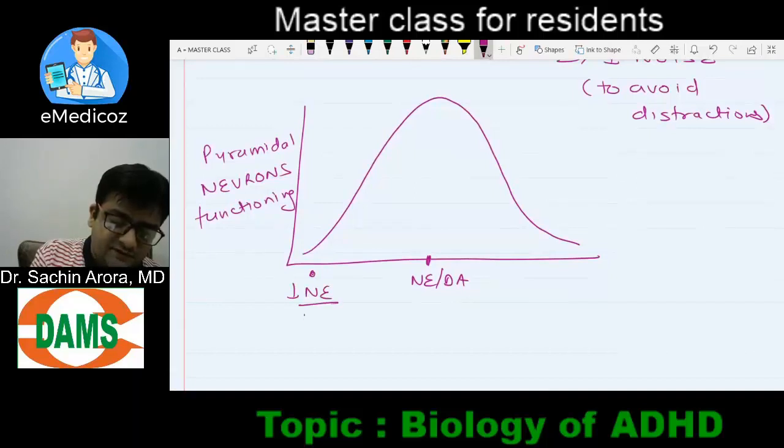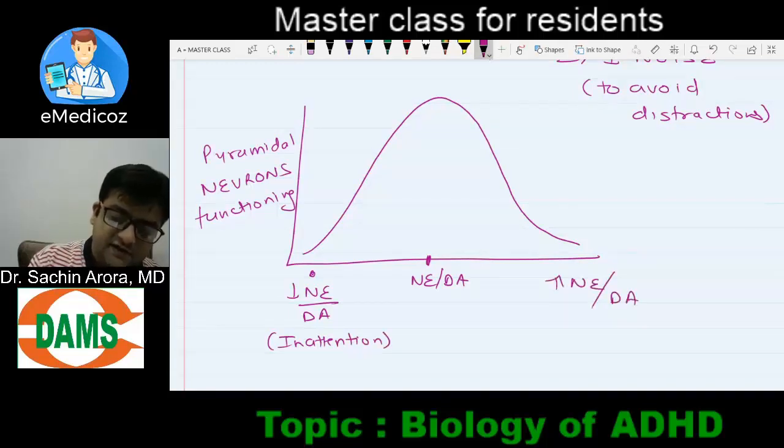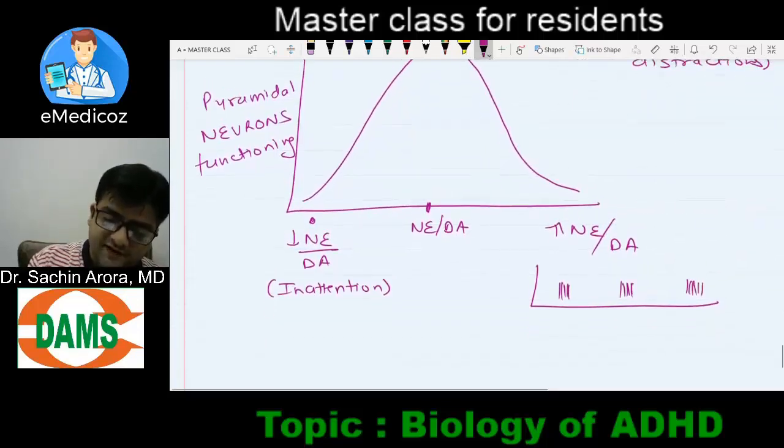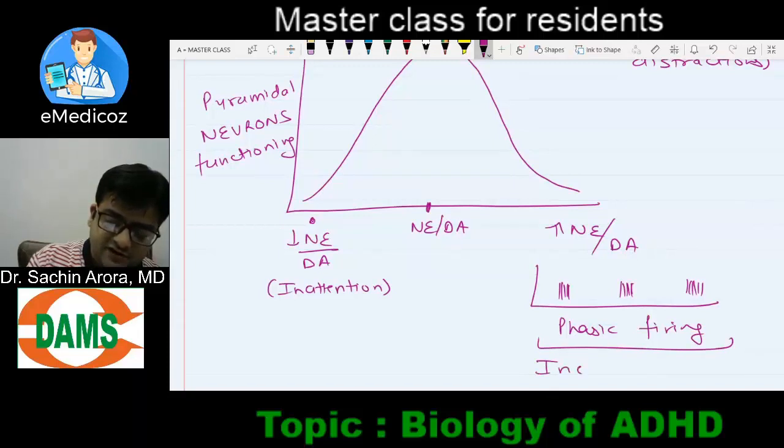Low norepinephrine and dopamine leads to inattention, and high norepinephrine and dopamine leads to phasic firing. This is again inefficient processing.